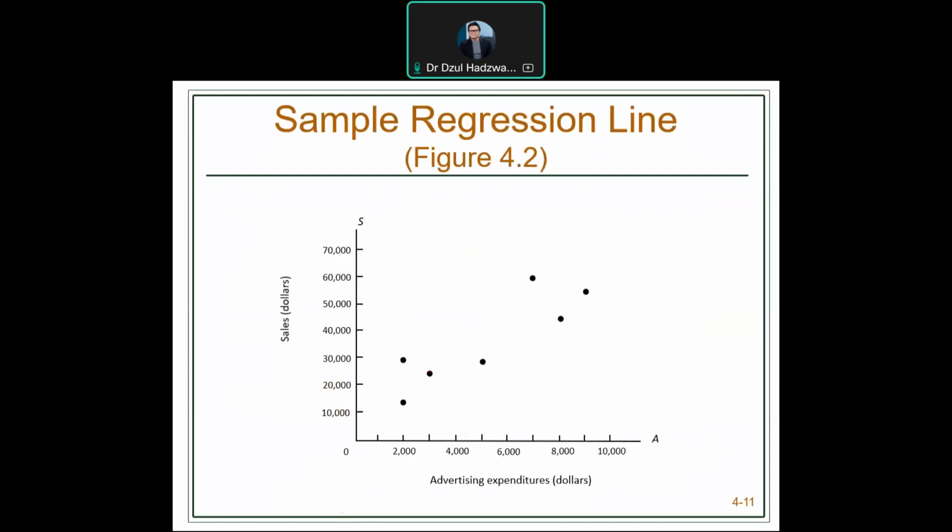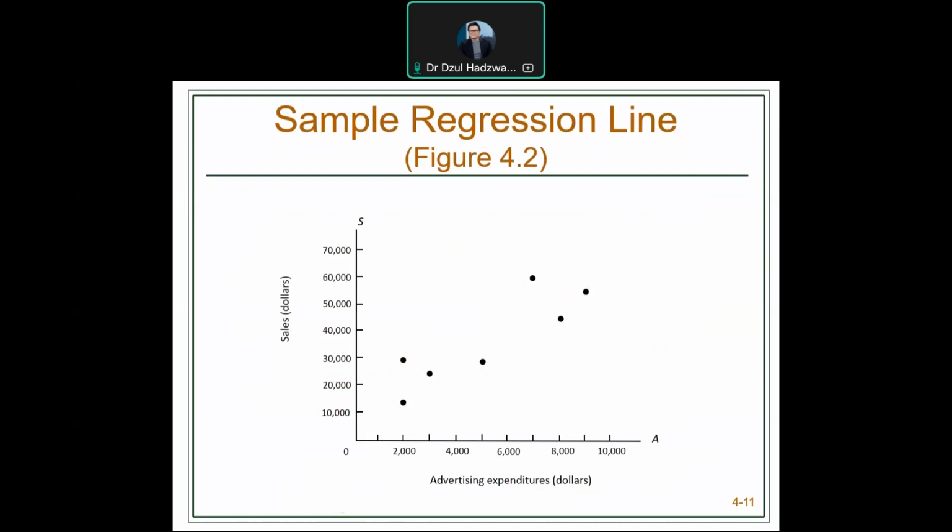Okay, so let us look at this illustration. The dots here are our observations. Regardless of whether we are referring to data of a type of time series or a type of cross section. Okay, and since we have two variables here, for example here we have sales, and the other one we have advertising expenditure. We have two variables here, right?